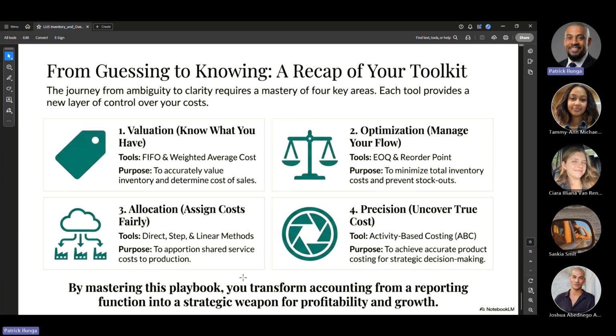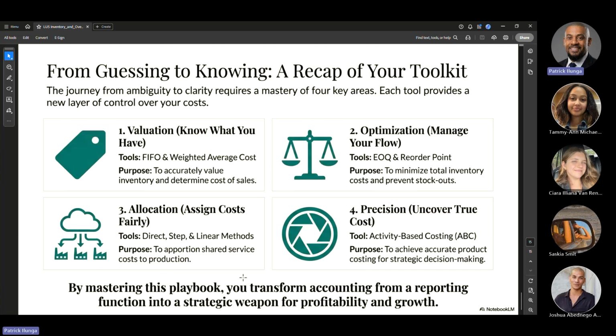The third thing we did is allocation. We are assigning cost fairly. And we have three tools that were provided to us: the direct method, the step method, or the linear method. The purpose is to do what? To apportion the overhead cost correctly to the cost of production.